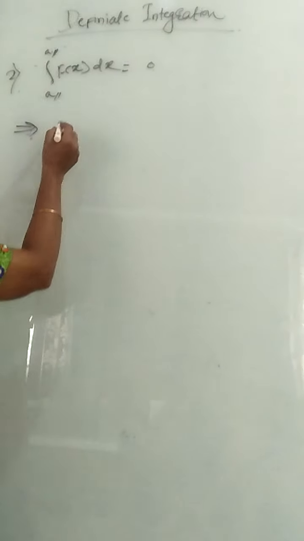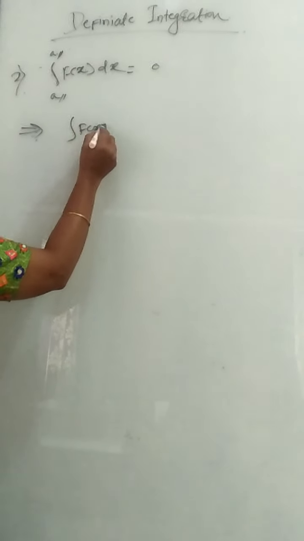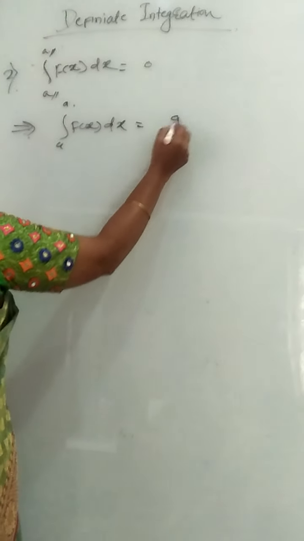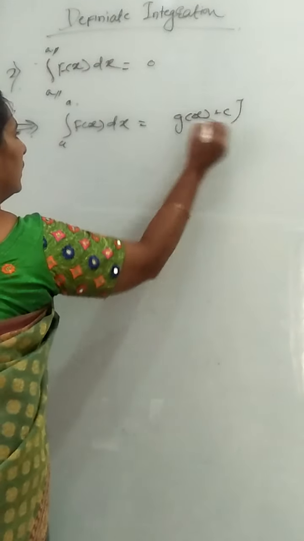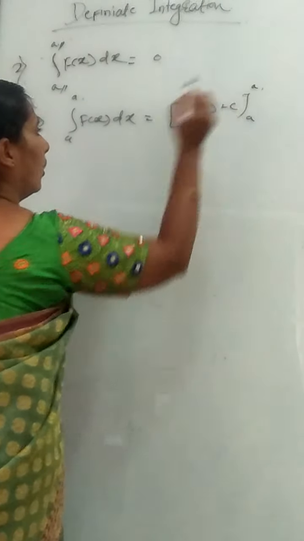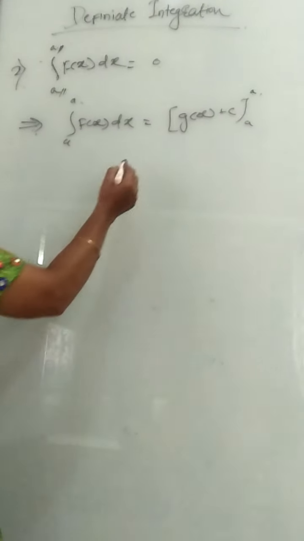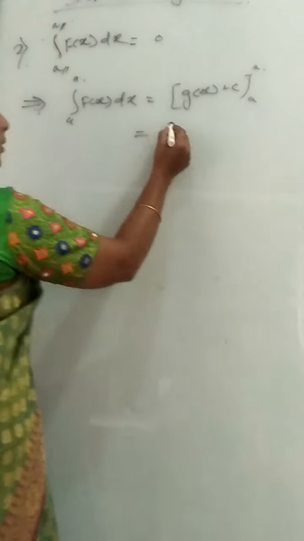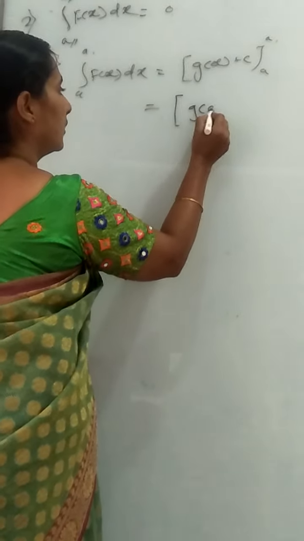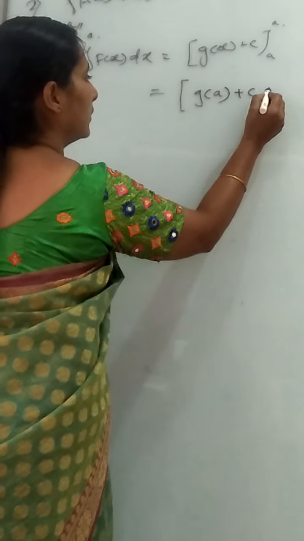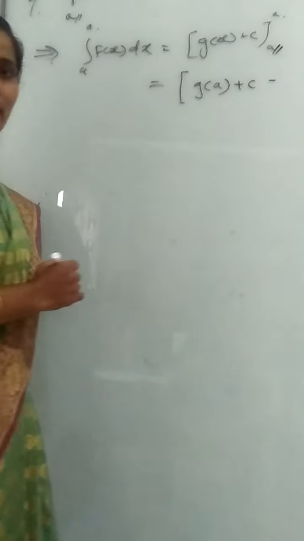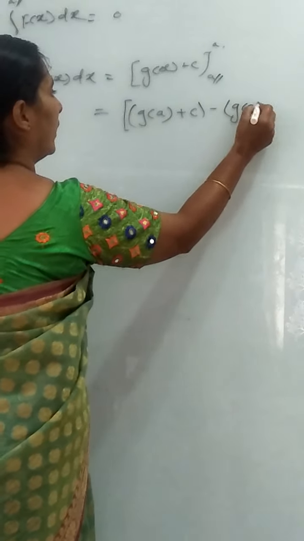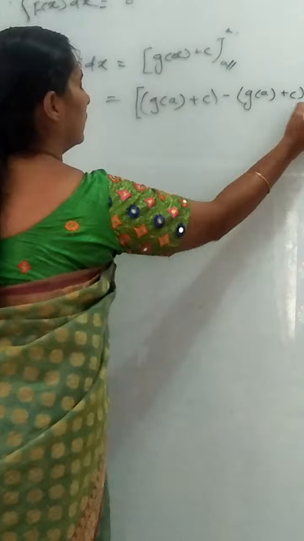Let us take the given term, integration of f of x dx, and limit is a to a, is equal to g of x plus c. Applying the limit on this given integral, substitute upper limit and lower limit, then our function becomes g of a plus c minus, lower limit is also a, therefore another term becomes g of a plus c.